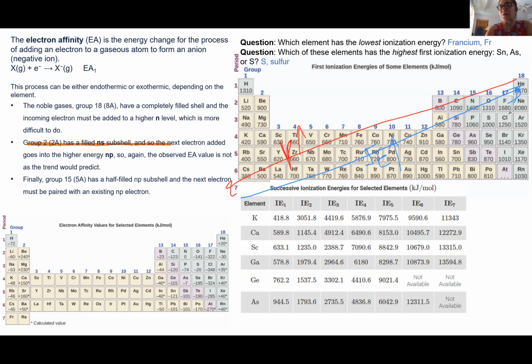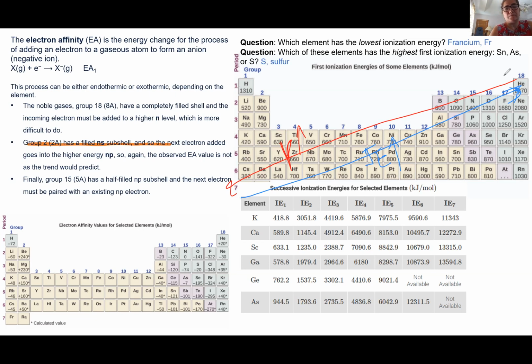So the ionization energy increasing from the bottom corner to the top corner basically covers down to up and left to right, and it is going to increase. And about the first ionization, second ionization, we talked.